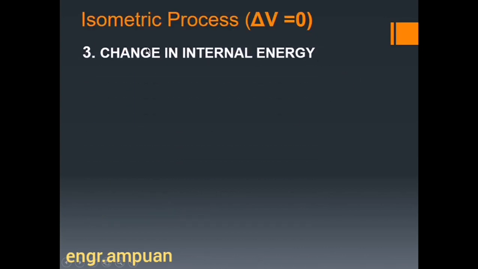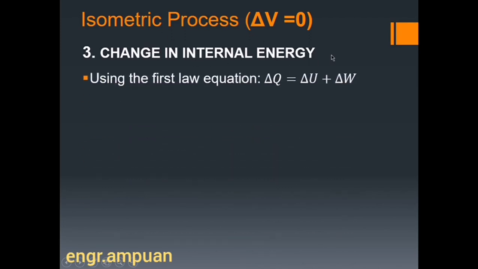Now, the change in internal energy for the isometric process. Using the first law equation, again recall that the change in Q is equal to the change in internal energy plus work.